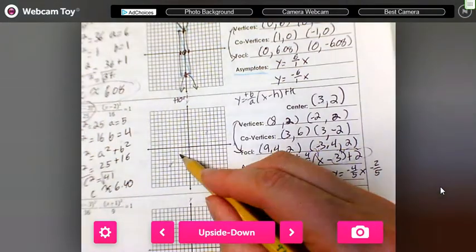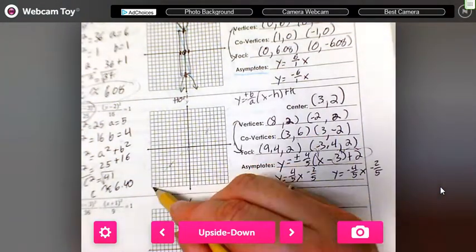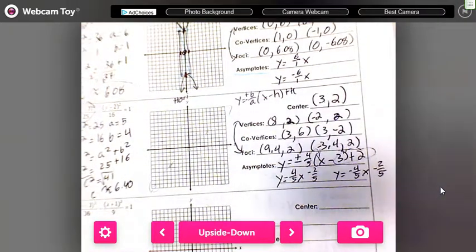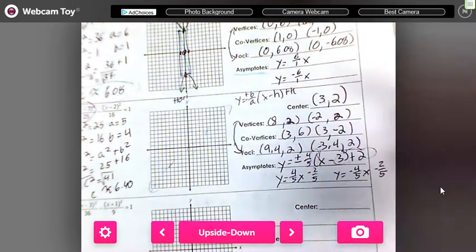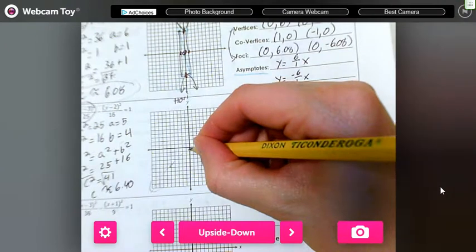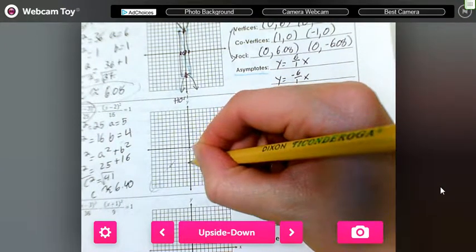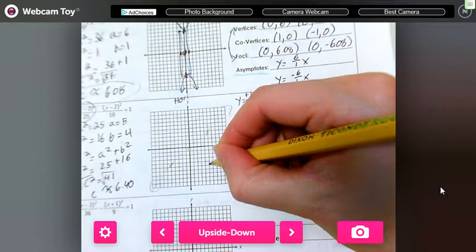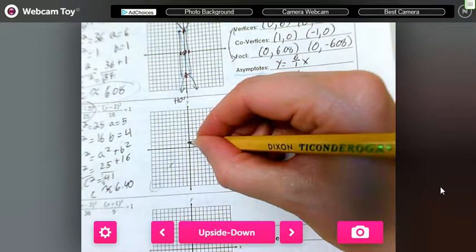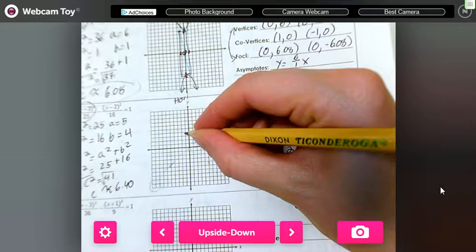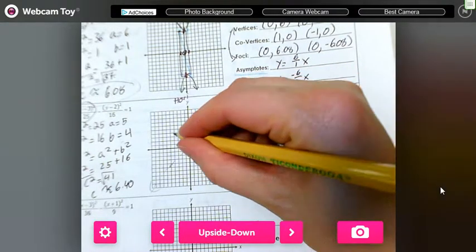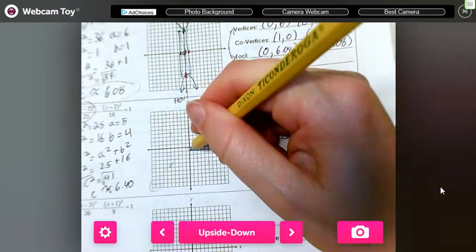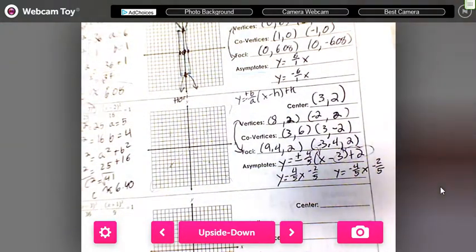This is hard because I'm using what I know about how to graph lines as well as all this other new stuff. So we start again at negative 2/5, and this time I'm going to go down 4, to the right 5, and up 4, to the left 5. So those are my crazy looking asymptotes.